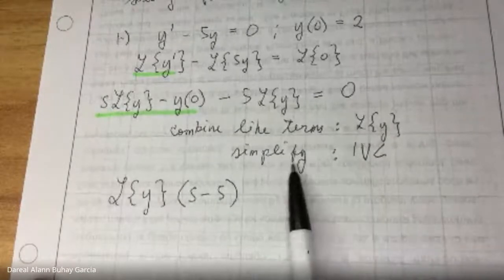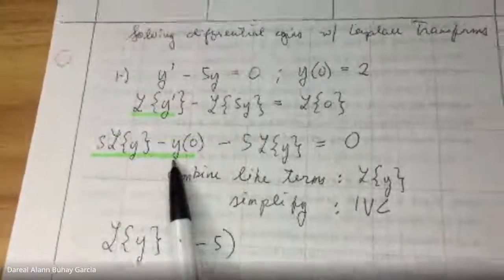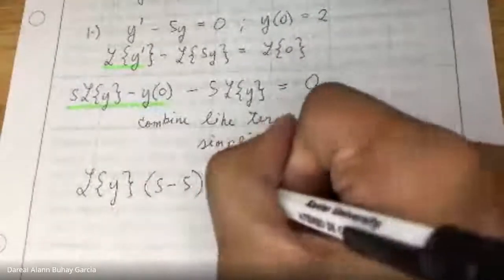Next, simplify, meaning substitute all initial value conditions. What is y of 0? Given 2. So this is just minus 2. Minus 2 is equal to 0.